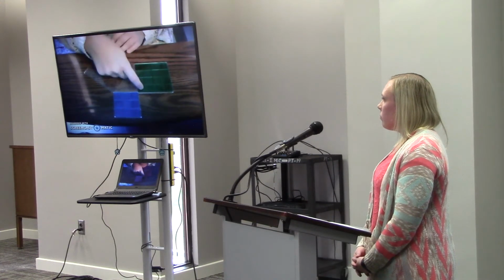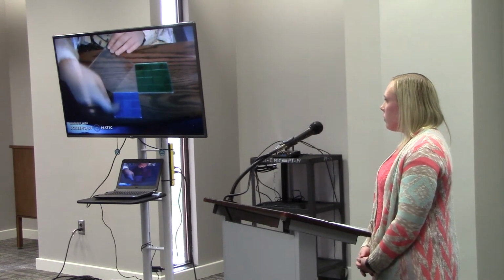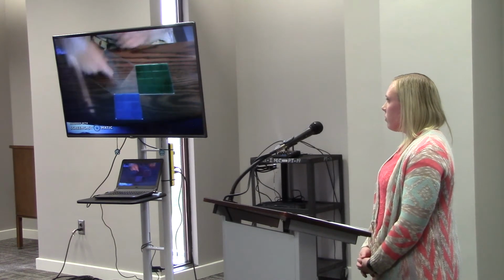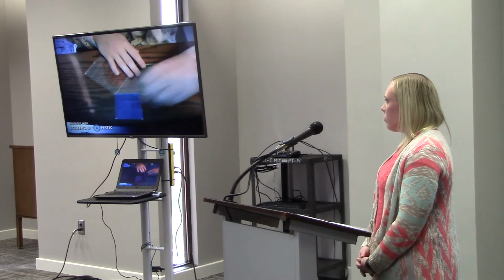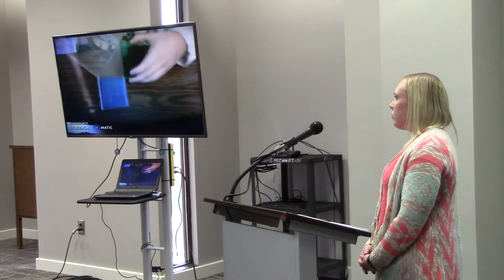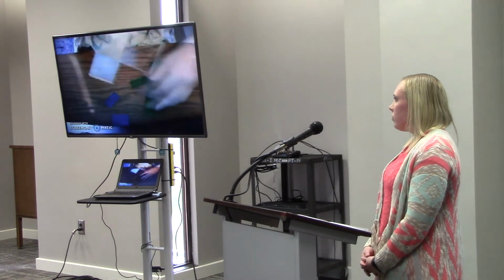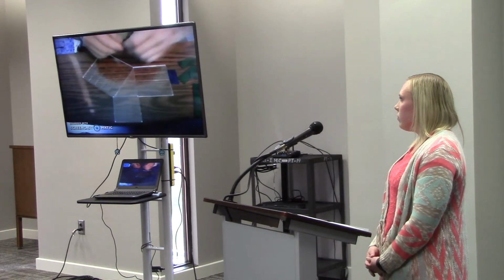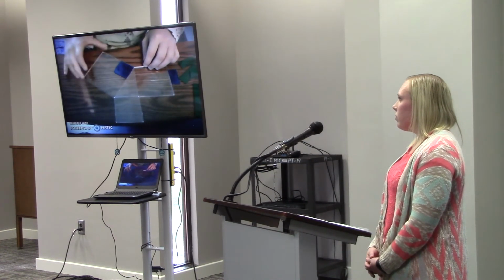So I have 16 squares here and 9 squares here, which 16 plus 9 gives me 25. And the best part about this is you can move the squares down and rearrange them to fill in the hypotenuse square.